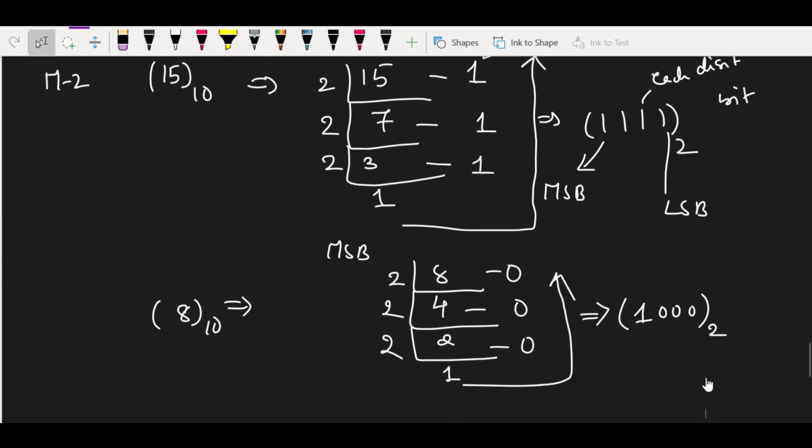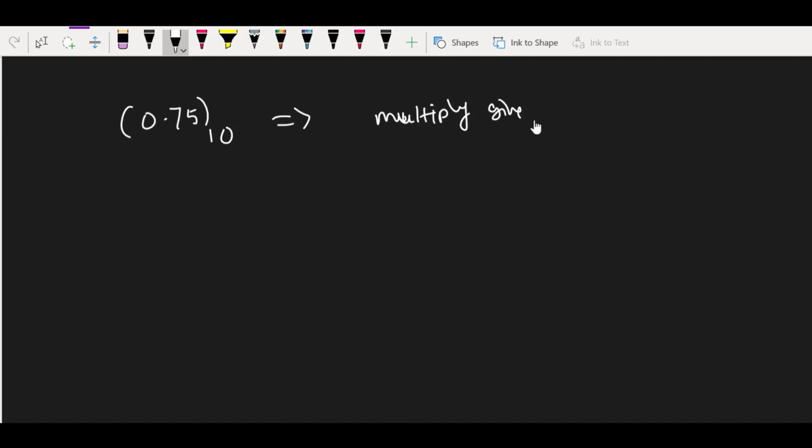If there is a fraction part, let's take a simple example. Let's take 0.75 in the decimal number system. Now we want to convert it into a binary number. In order to convert, you multiply the given decimal fraction with 2.